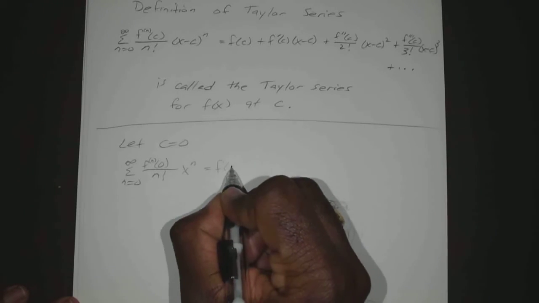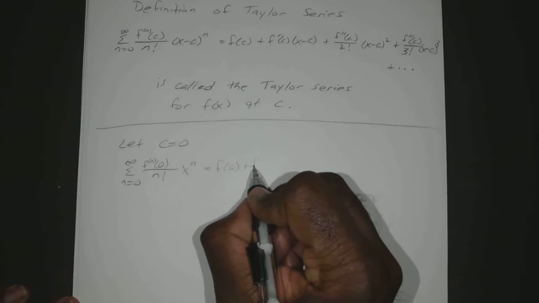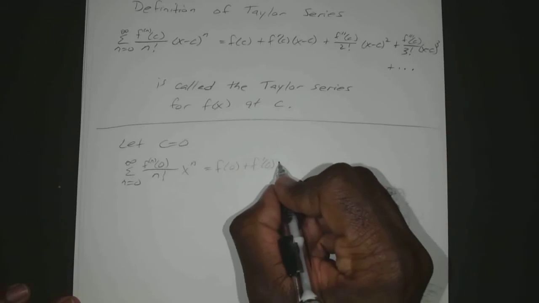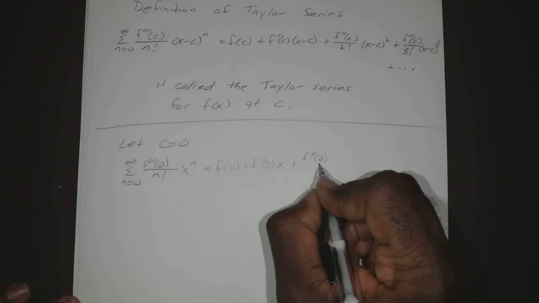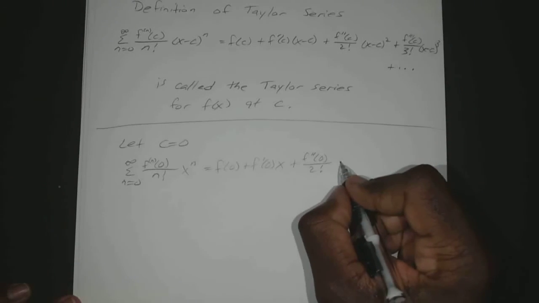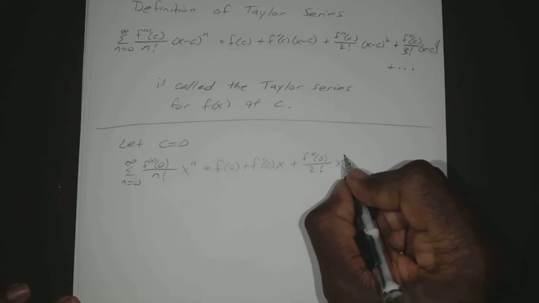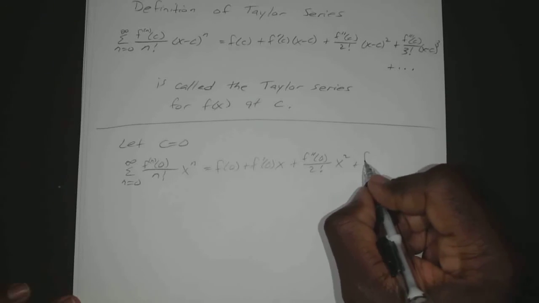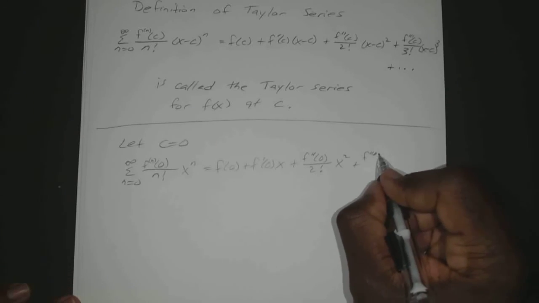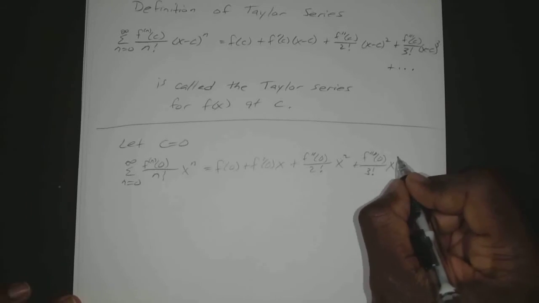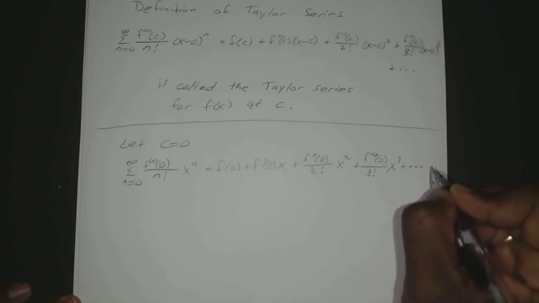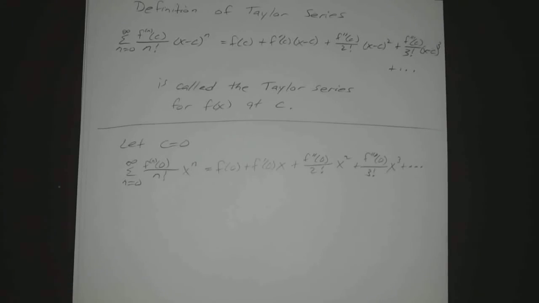That's going to equal f of 0 plus f prime of 0 times x, plus f double prime of 0 over 2 factorial times x squared, plus the third derivative at 0 over 3 factorial times x to the third, and so forth. This is called your Maclaurin series. That's really the only difference.